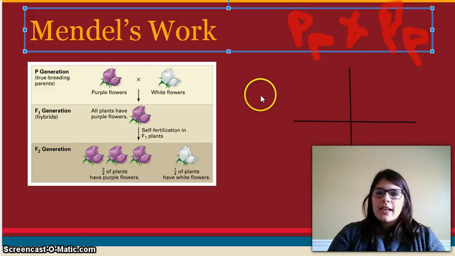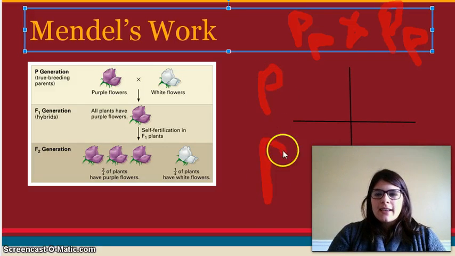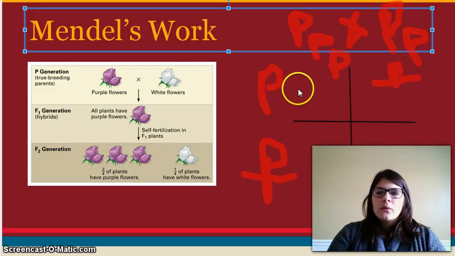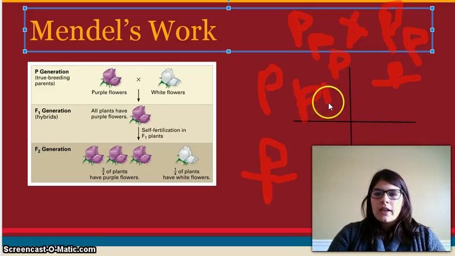And I apologize, I am not that great at writing on my screen, but bear with me, guys. So the line under is the lower. Right here we're going to have a capital, and right here we're going to have a lower. So when we cross this, we get one homozygous dominant.